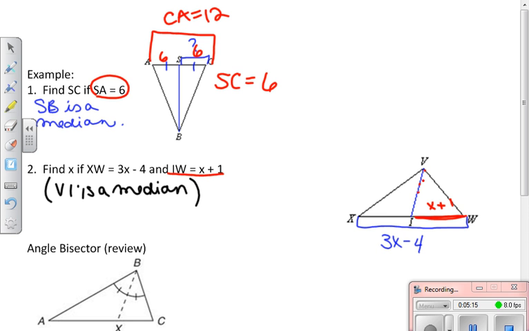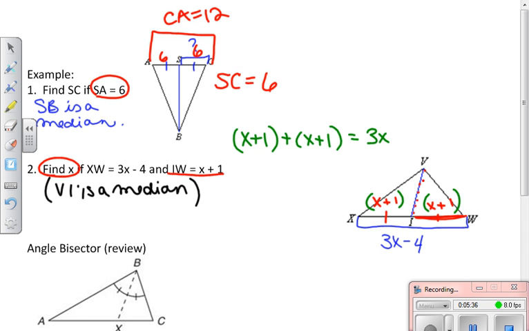Since this is a median, I know these pieces are equal, so this piece is also x plus 1. Find x. So all I need to do is write an equation. Again, parts to whole. Two of those, you can either write x plus 1 plus x plus 1, the two little parts, equal the whole, or you can say, well, they're both the same, and so I'm going to do it this way. They will get you where you need to go.